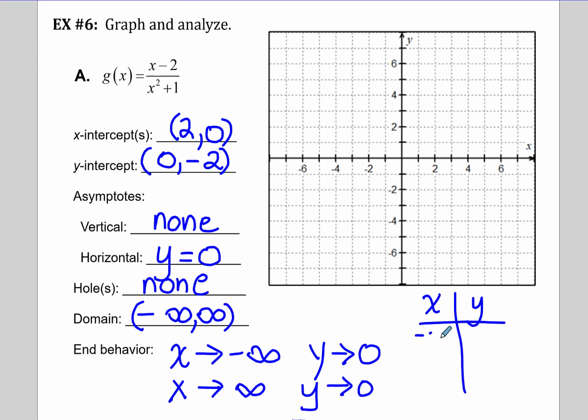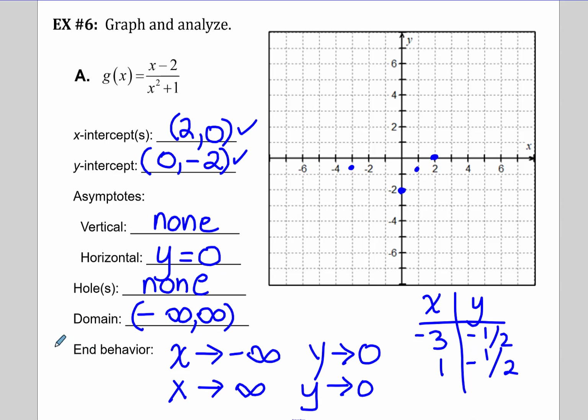And we know at -3, if you plug a -3 in there, we'll get -1/2. We already know 0, -2. If you plug a 1 into there, you got -1/2 again. So I got -1/2 here, -1/2 here.